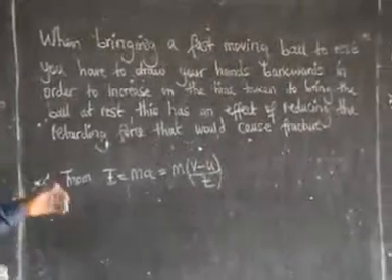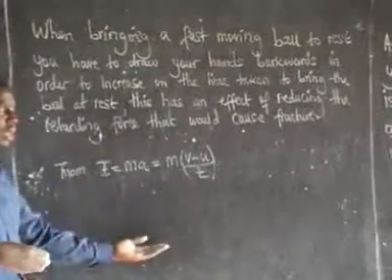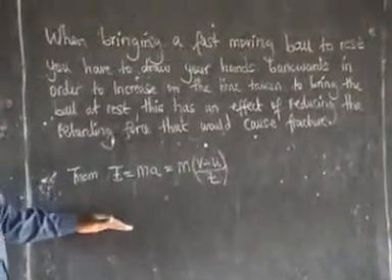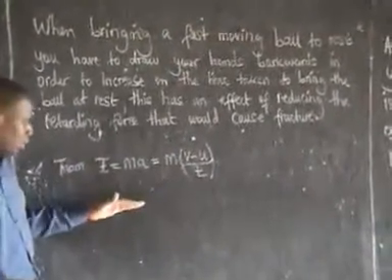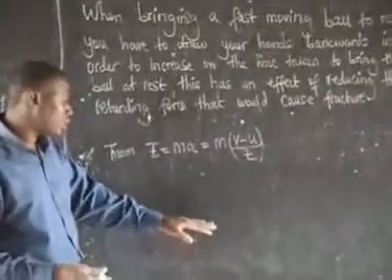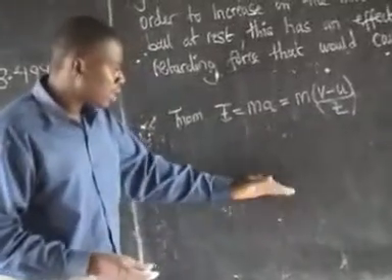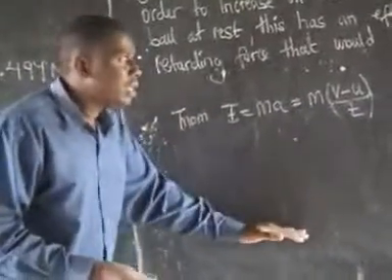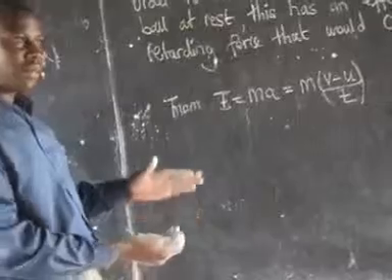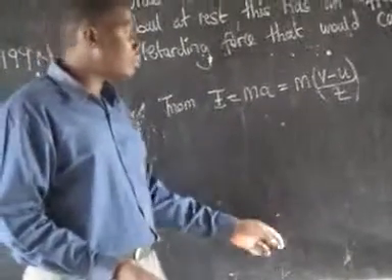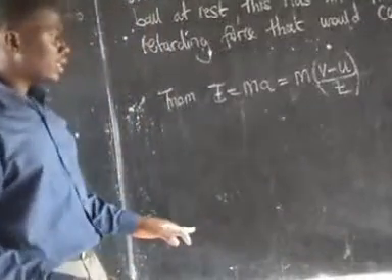Again, it's the same story for a stone dropped. When you put a cushion, the cushion will increase the time taken for that stone to come to rest the moment it strikes the glass. That increase in time reduces the retarding force which is responsible for breaking the glass.